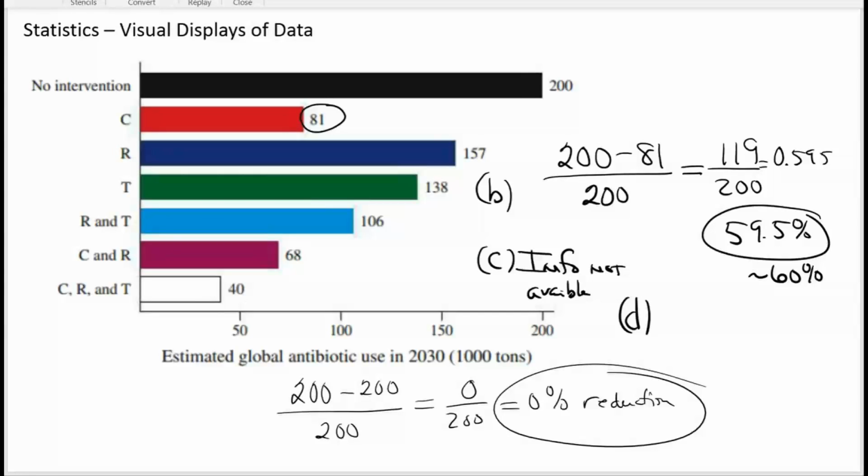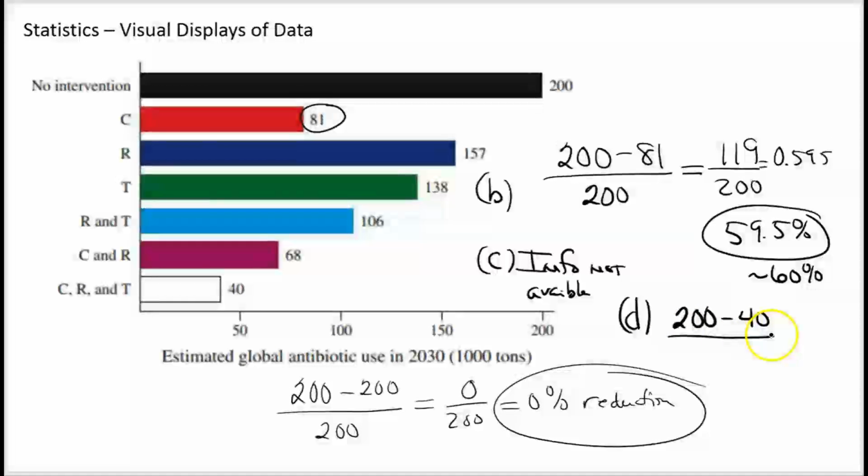And so I'm going to do exactly what I did on the first ones. I'm going to take my 200,000, which is what it would be if we didn't do anything. So 200,000 minus the 40. So that's a reduction of 160,000. And then I'm going to take that answer, 160 divided by 200, to get a percentage.